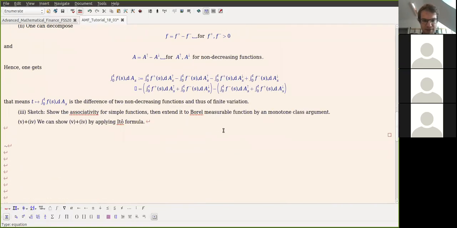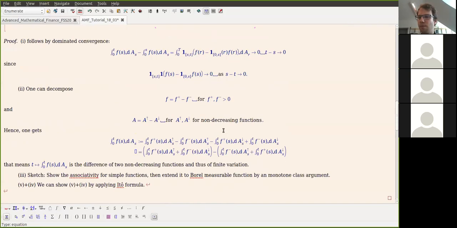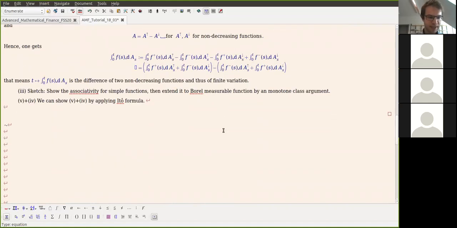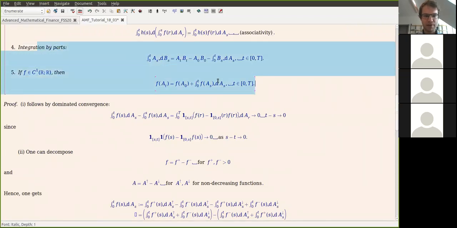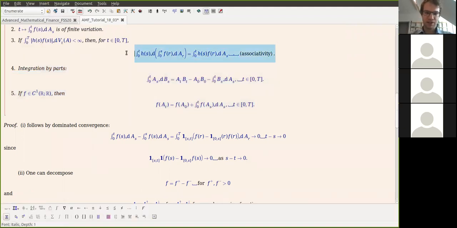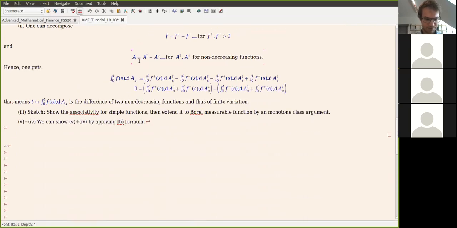So, questions? Okay. All right. If you want to show properties 4 and 5, the usual way is of course completely different, but for us, just apply Ito's formula. And this here you do the standard way of first showing it for simple indicator functions, and then you extend it by a monotone class argument. Okay.